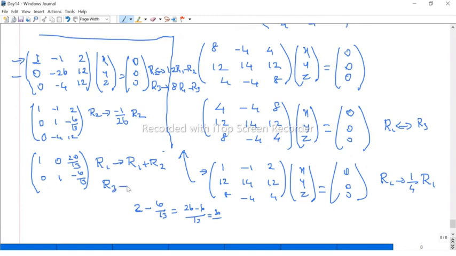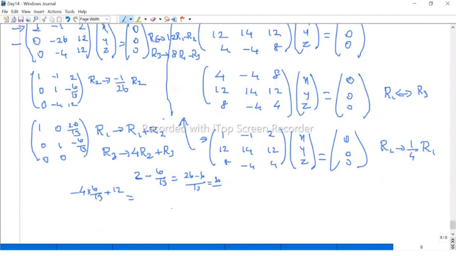Now the third row, I am going to replace: multiply 4 to the second row and add to the third row. Therefore, we get 0, 0, and then 4 times 6 by 13, minus 24 by 13, plus 12.